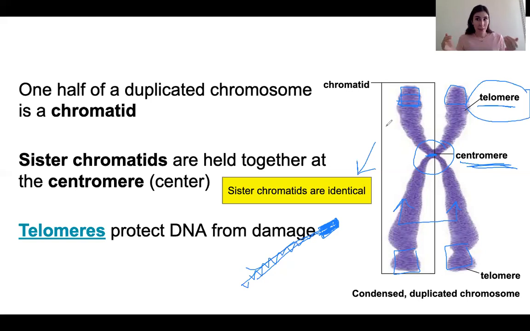So theoretically speaking, if scientists can figure out a way to prevent telomeres from shortening and keep them protecting the DNA, we could potentially stay young forever.